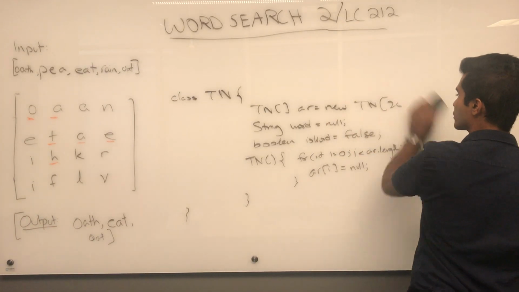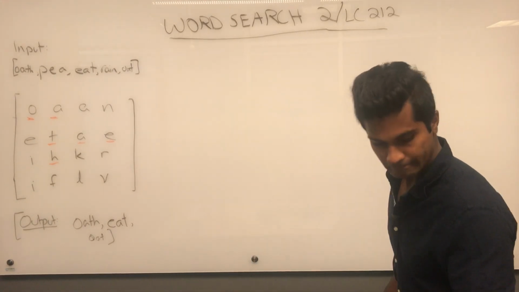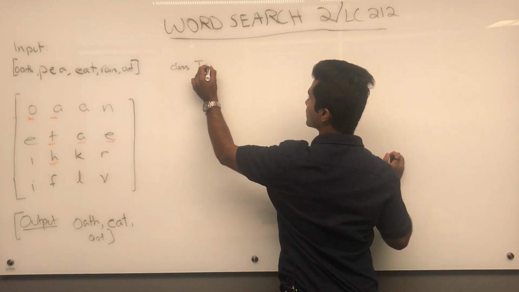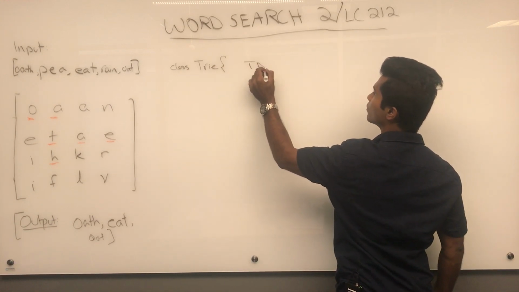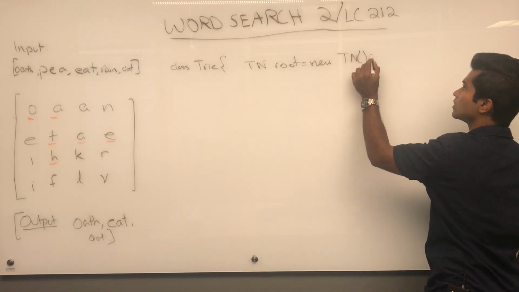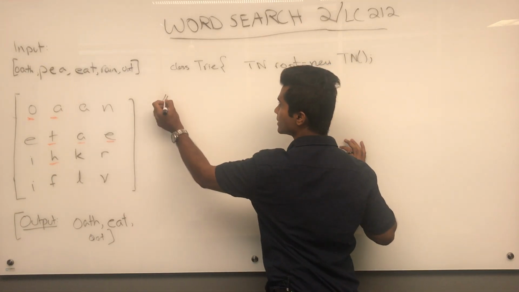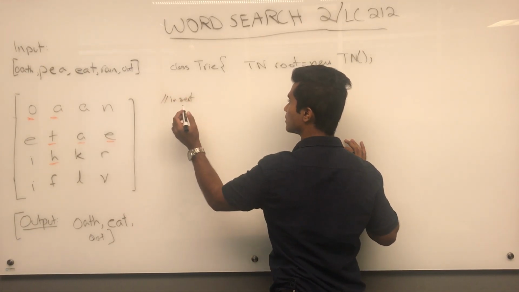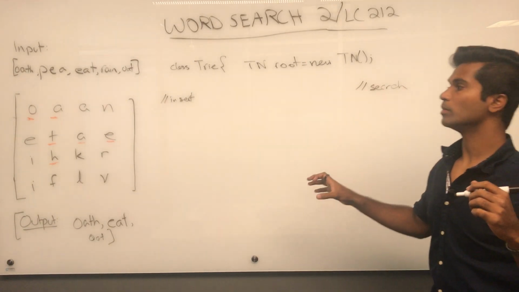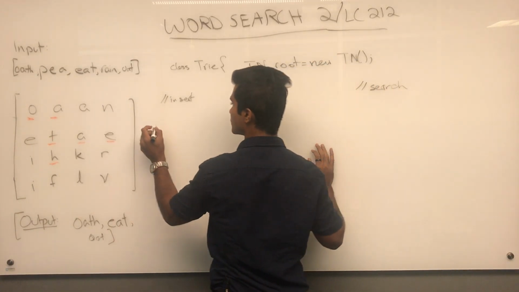Now we're going to use this to make our trie class. So class Trie, we're going to have a root node always, and then we insert and search. Those are the two basic operations. In this problem, I'm not really going to use the search method, but I'll write it for clarity's sake.